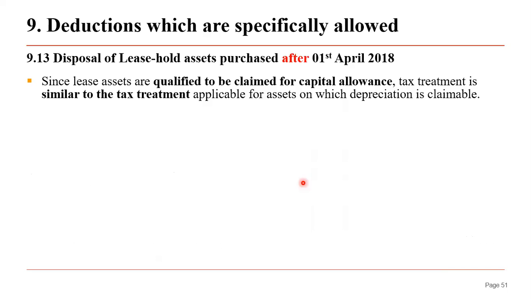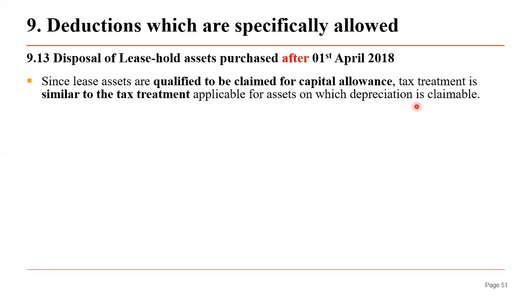For disposal of lease asset after 1st April 2018, it is very clear and simple. Since lease assets are qualified to claim capital allowances, the tax treatment is similar to that applied to an asset on which depreciation is claimable.